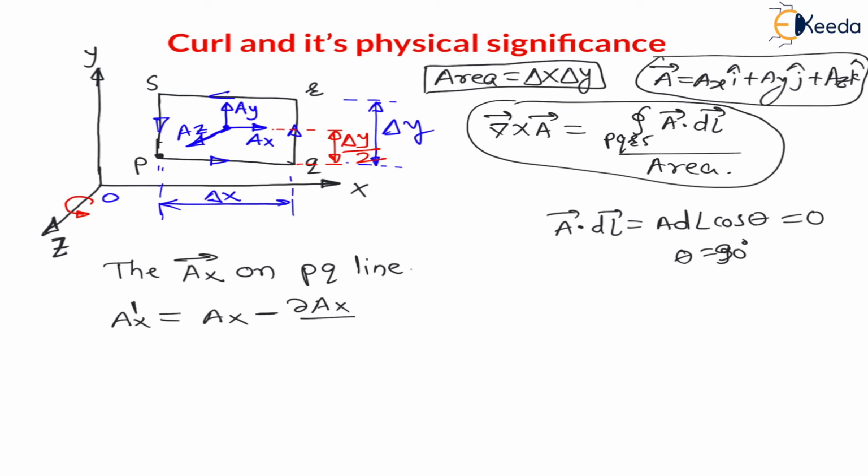We are going downward in y direction. Therefore partial change in AX with respect to y direction, dou AX by dou y, into this is change per unit. But by what magnitude we are going downward? We are going downward by del y by 2 magnitude. Therefore into del y by 2.